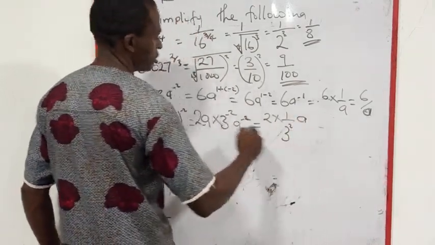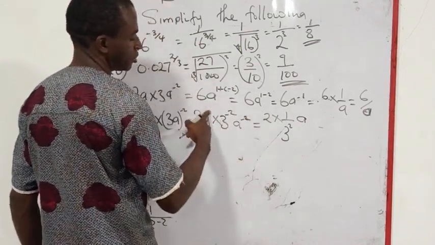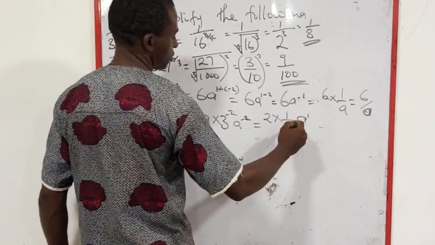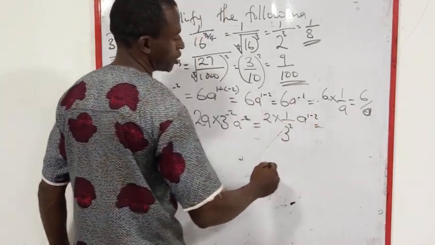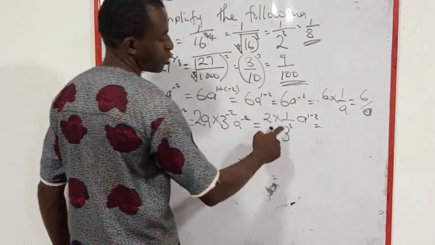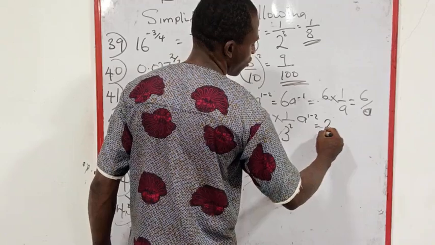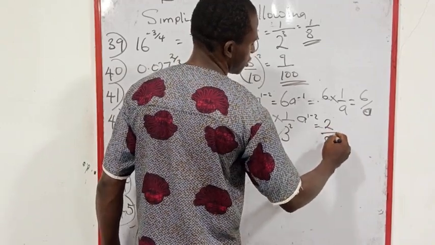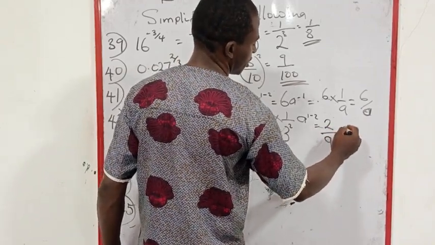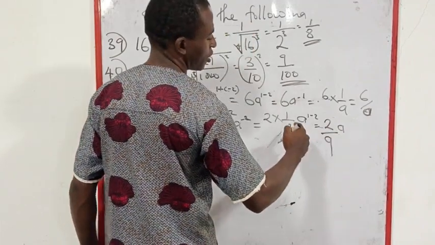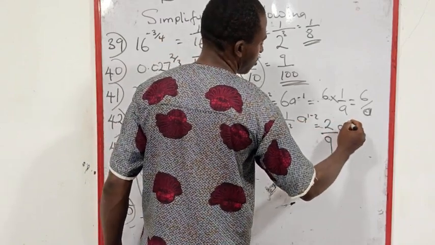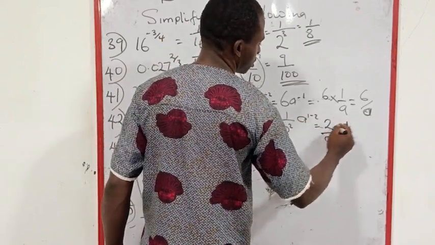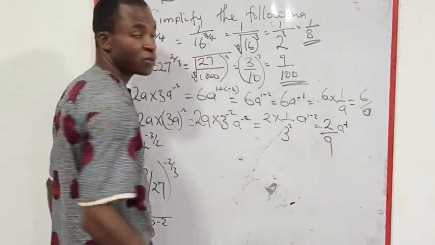Then a raised to the power, the invisible 1 is there. 1 minus 2. So doing this, don't forget, 3 raised to the power 2 means 9. So you have 2 over 9. Then this will now be a raised to the power minus 1, because plus 1 minus 2 will give us what?